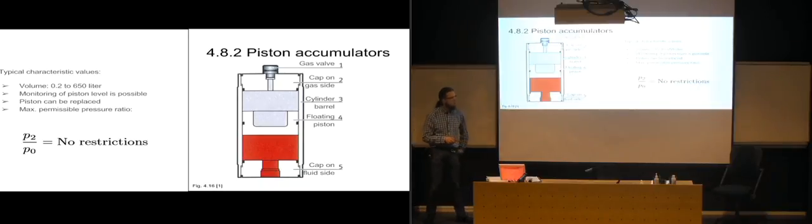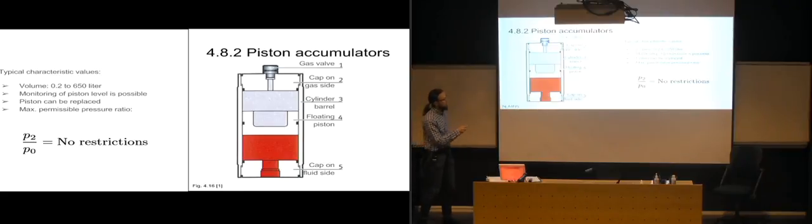And the maximum permissible pressure ratio for this one is nothing. You can have enormous pressure differences on each side of the piston, and that is basically because the piston is made of steel, so it has quite a lot of strength, so you're not going to deform anything.